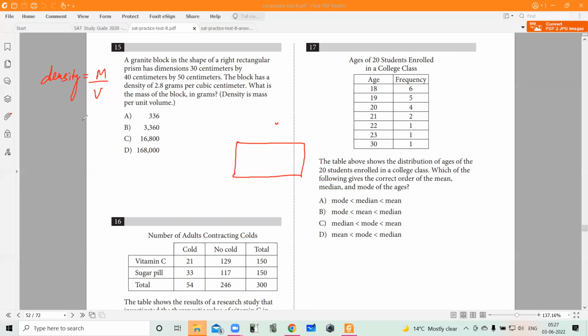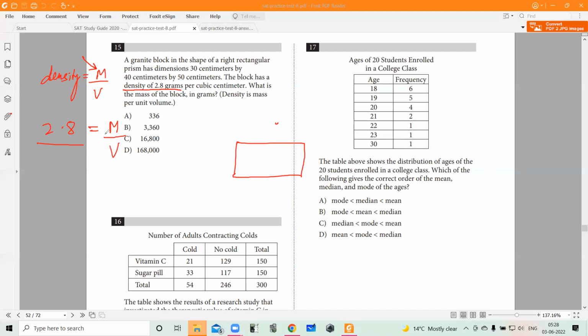Okay. And the mass is 2.8. So it's 2.8 divided by, or is it 60,000 divided by 2.8? No, it's per cubic centimeter, right? The density is given. Oh, I see.